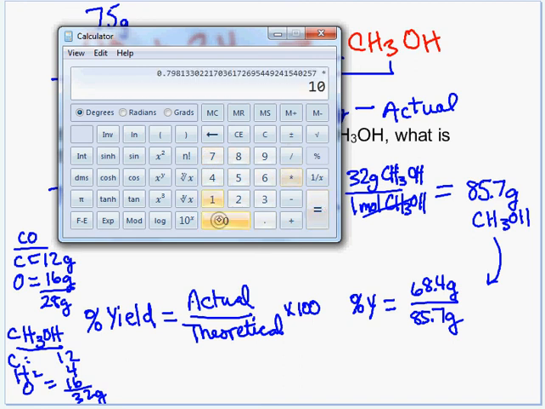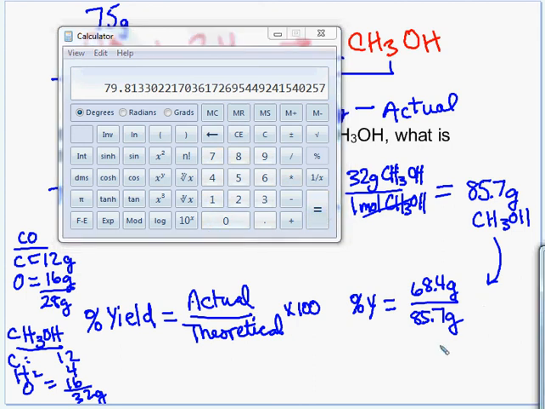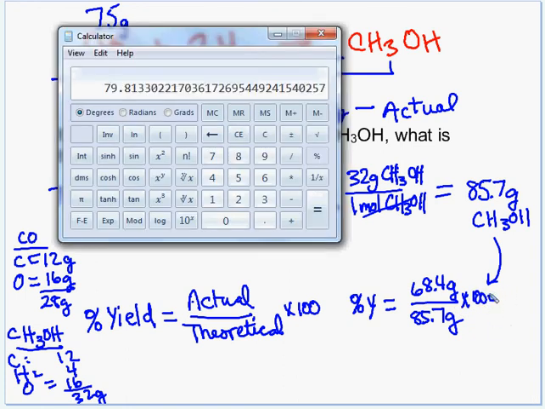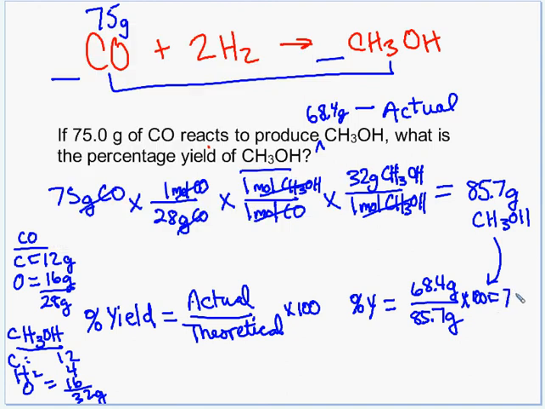I multiply that by 100 to get the percentage. And I get 79.8%. 79.8% yield of CH3OH.